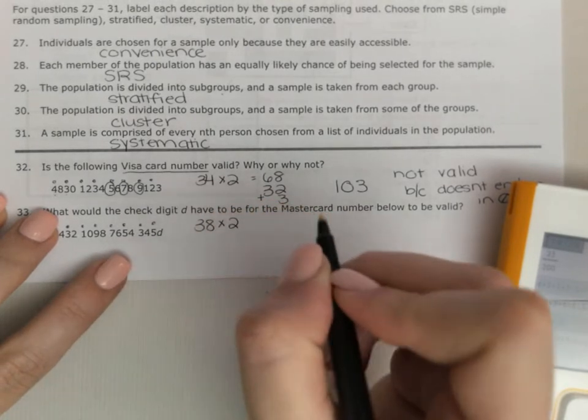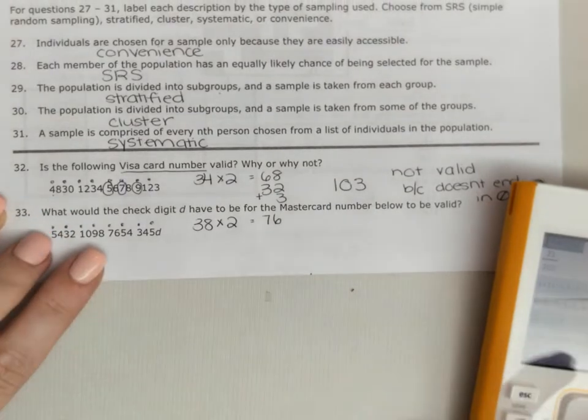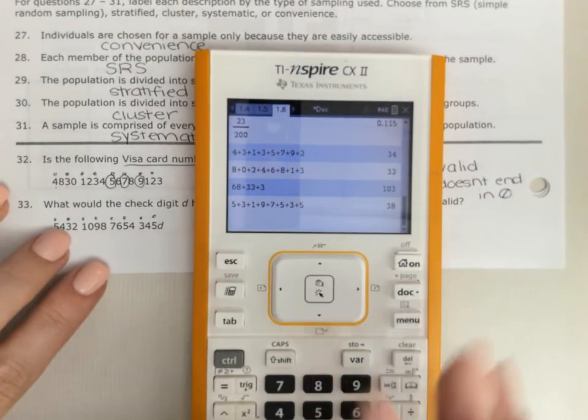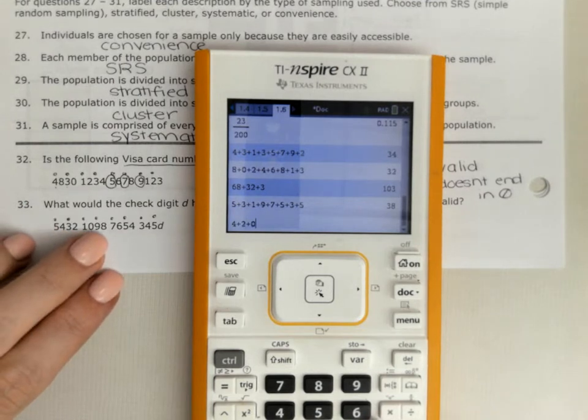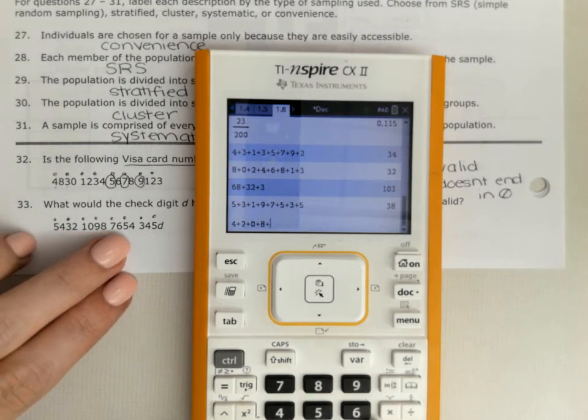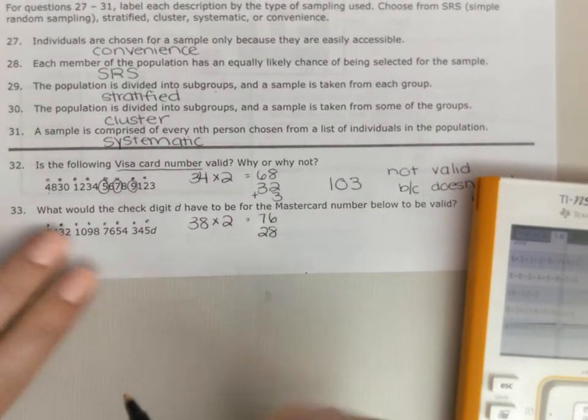times 2, 76. Then I'm going to add all the even digits, so all the other ones. 4 plus 2 plus 0 plus 8 plus 6 plus 4 plus 4. And I get 28. And then I look at the odds that are greater than 4.